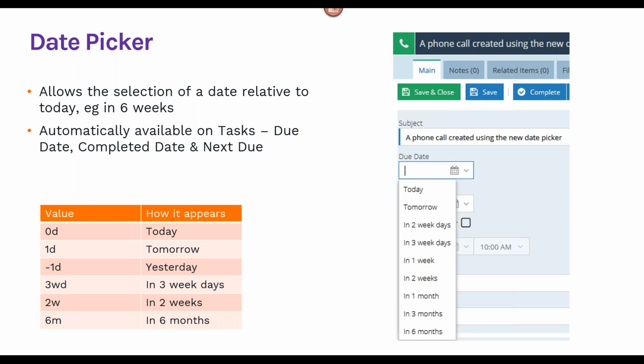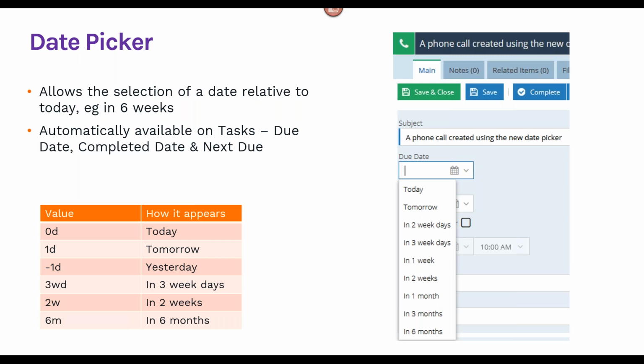Now, we have automatically added that pick list to the 3 date fields on tasks. So that's the due date, the completed date, and the next due date have already been provided with that drop-down. You can, however, if you want to, switch that off. Hopefully not. I hope you find it useful.